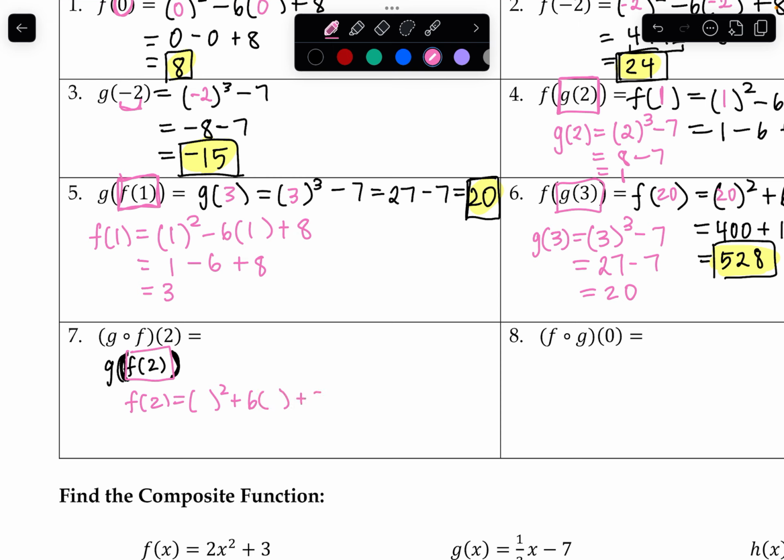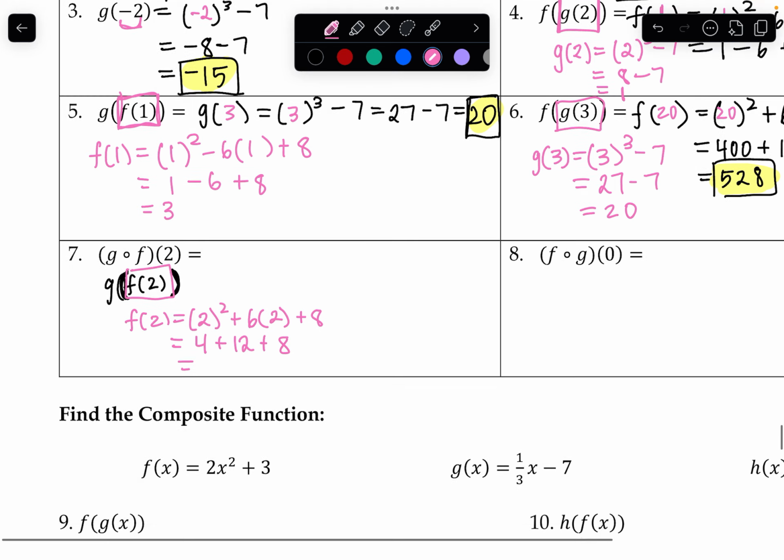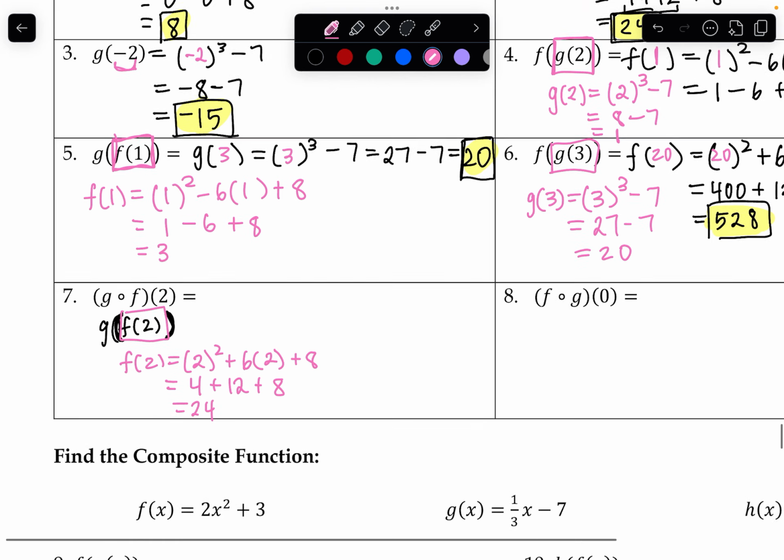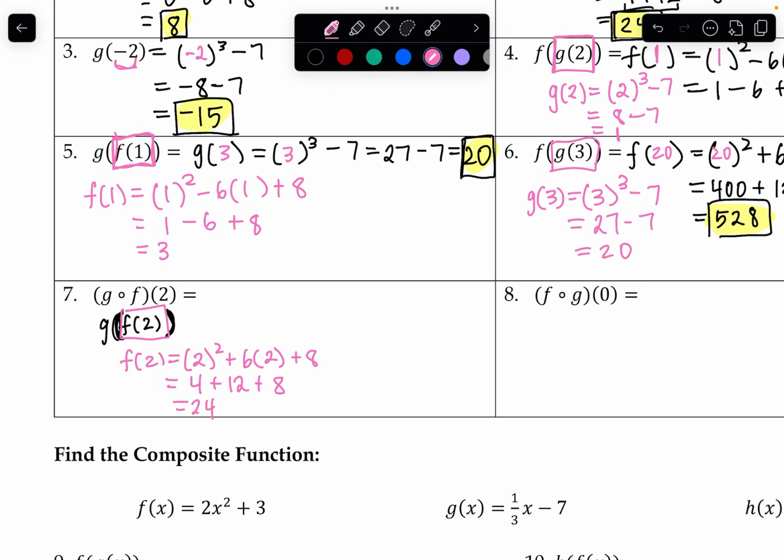Replacing both x's with a 2. So we get 4 plus 12 plus 8, which is 24. And so this problem becomes g of 24.